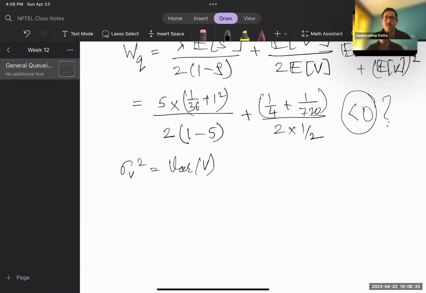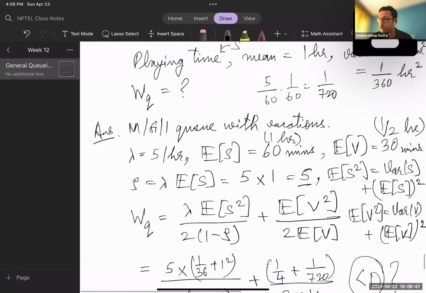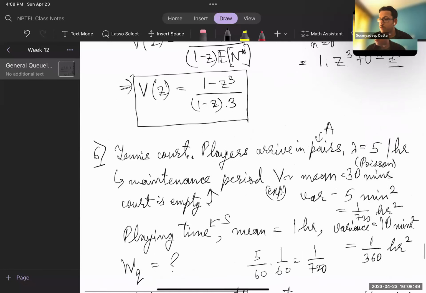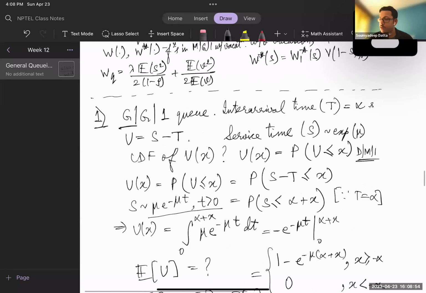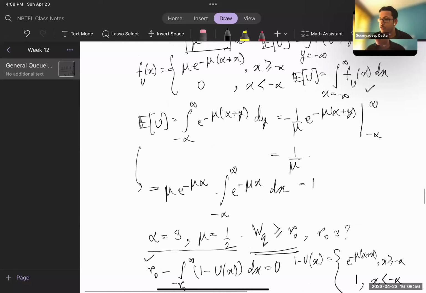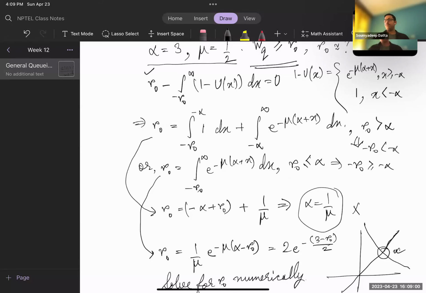Sir, I still have a bit of confusion about the bounds. When we calculate the lower bound, we have to solve that integral equation every time. Yeah, that integral equation has to be solved, as shown in that question. You have to be careful with the limits and all, but that's the way.